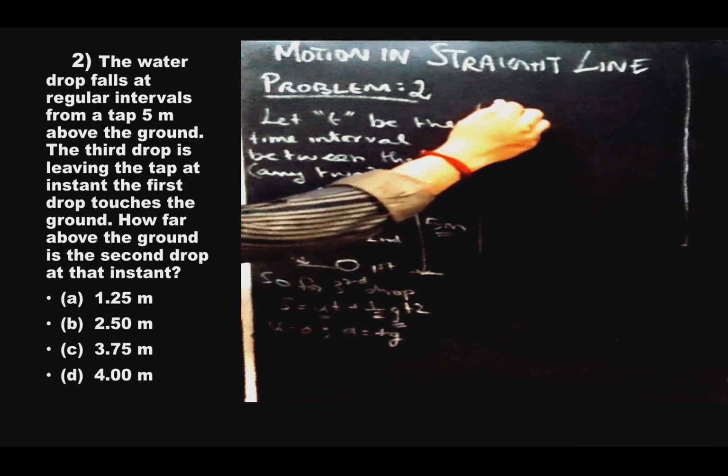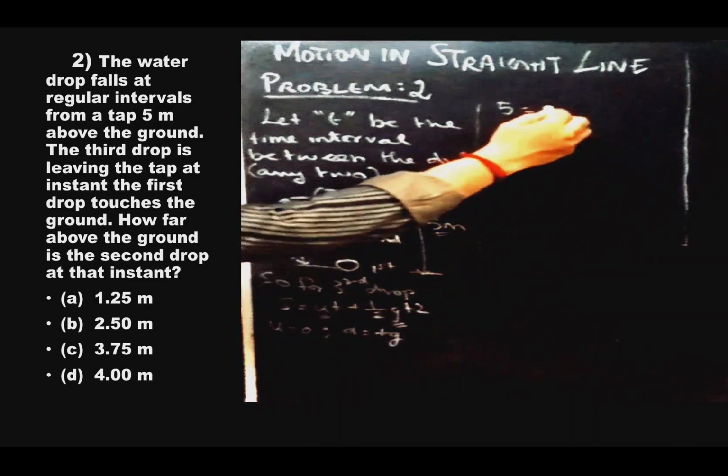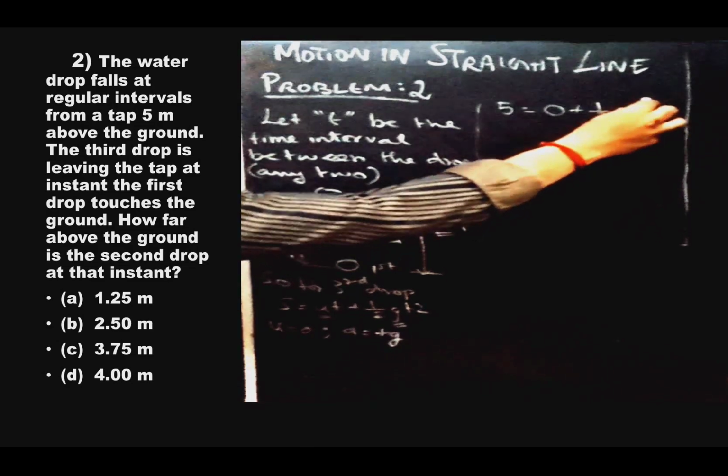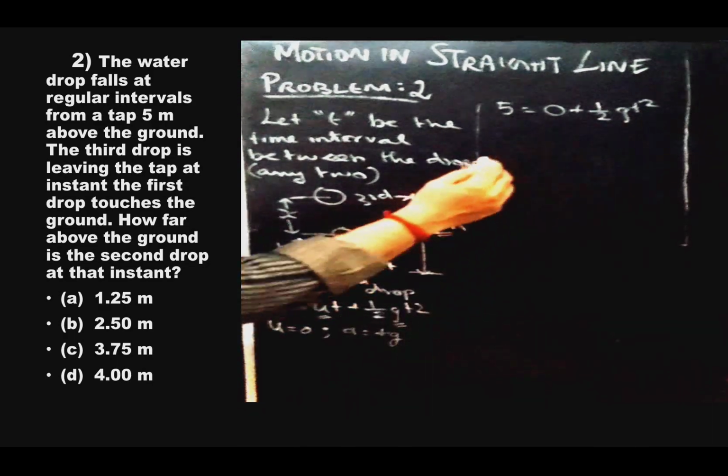So when I'm substituting it, s is 5, equal to 0 plus half gt square. That is the first expression I got. So for the third drop, half gt square is equal to 5. The time for the second one is taken as 2t.